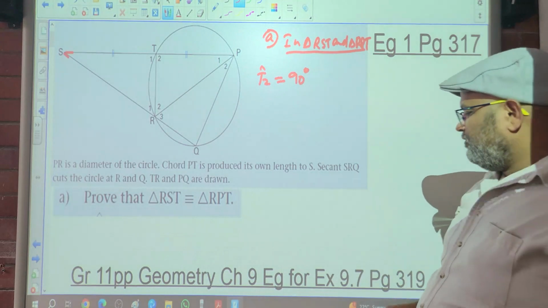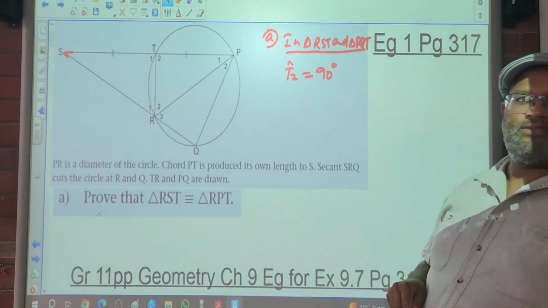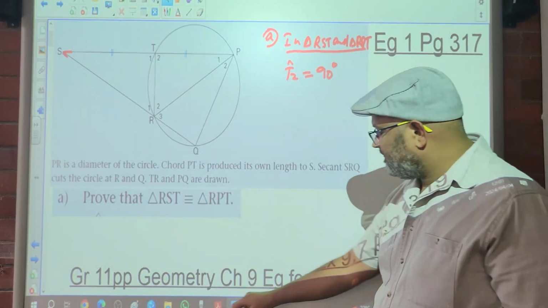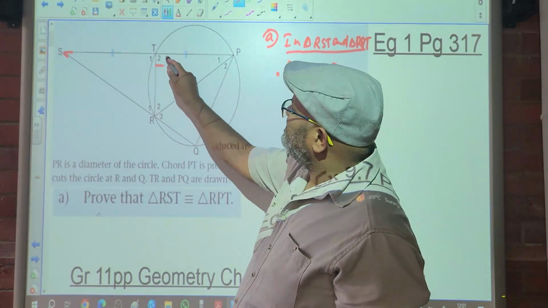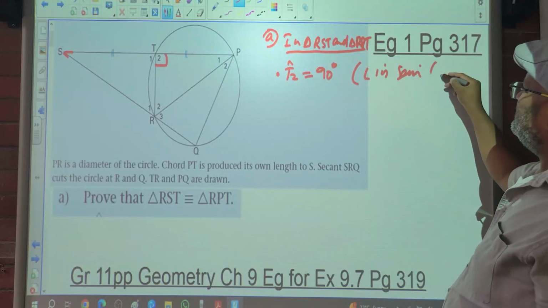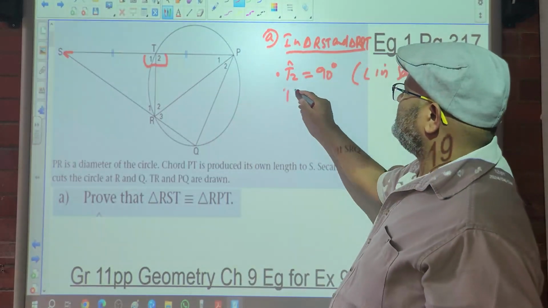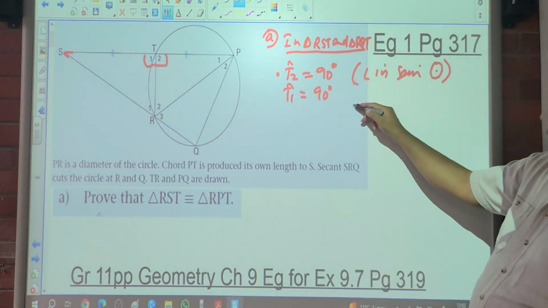No. When we prove similarity and congruency, we don't have to write it. You won't lose a mark if you leave it out. Okay? So that is equal to 90. Why is this 90? Angle in semicircle. Did we say that T1 is also 90? Why? Angles on a straight line.